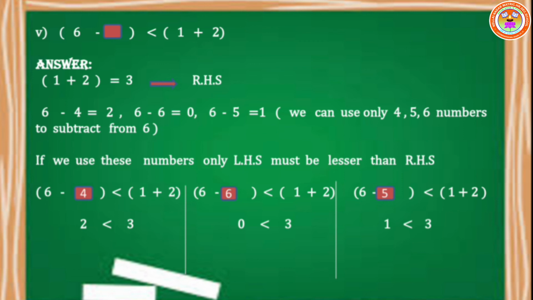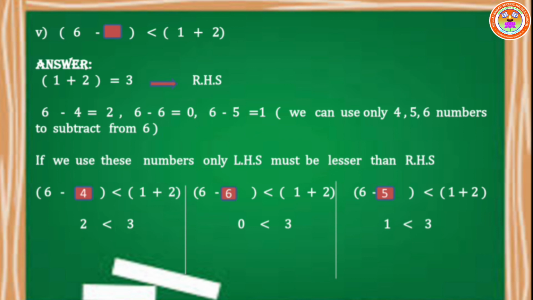Is it clear? See, first use 4. 6 minus 4 is 2. So 2 is less than 3. Another one is 6 minus 6 is 0. So 0 also is less than 3. And the third thing is 6 minus 5 is 1, which is less than 1 plus 2, that is your 3.